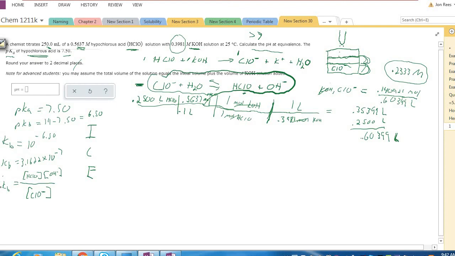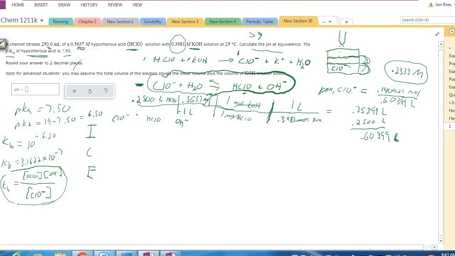Okay, so I can use this Kb, and we've done a ton of these problems from this point on. This should be real easy for you guys to do. Okay, so we'll make this ice table based upon understanding this Kb equation right here. And so I'm going to have ClO minus, I'm going to have the HClO aqueous, and I'm going to have the OH minus in here.